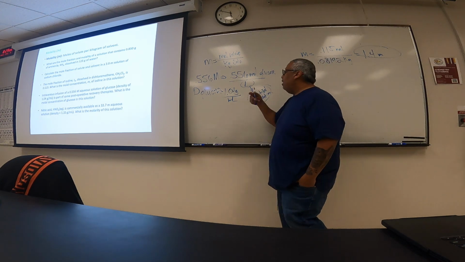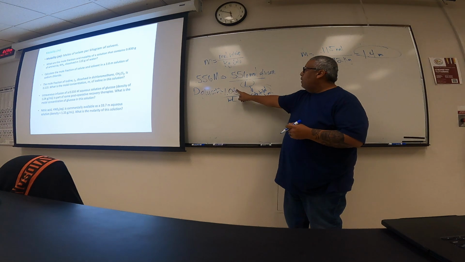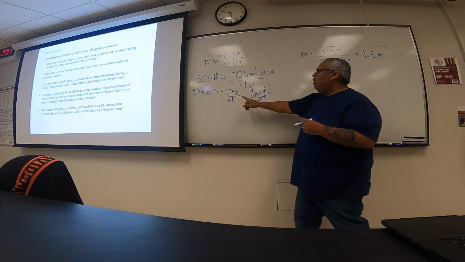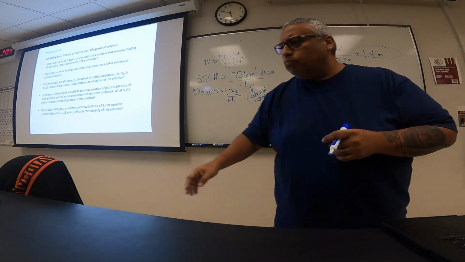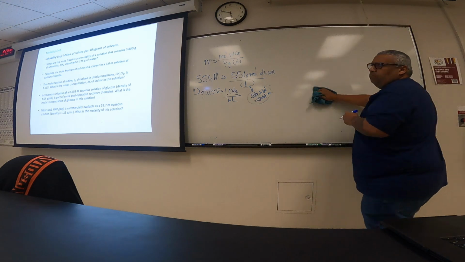So we do have to separate that. And we can use part of this information to convert these liters into grams. So we're going to have the grams of glucose, and we can determine what the grams of water are here. And that's the direction that we're going to head for this.